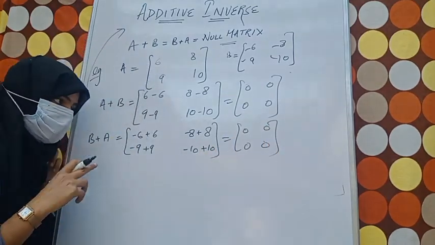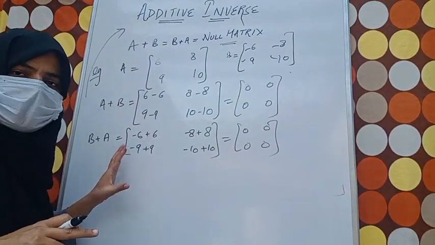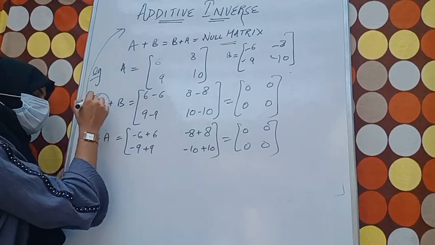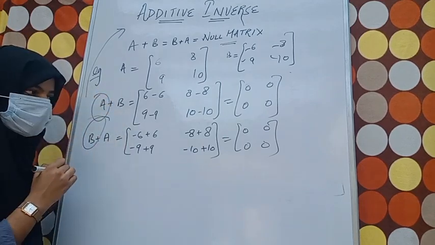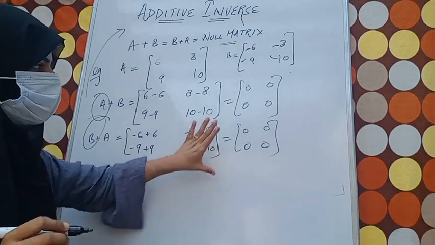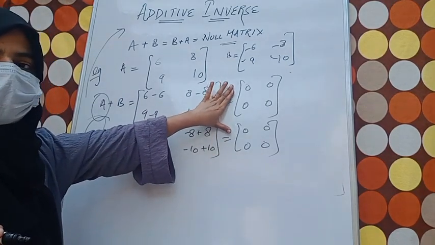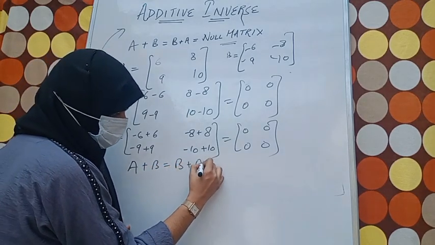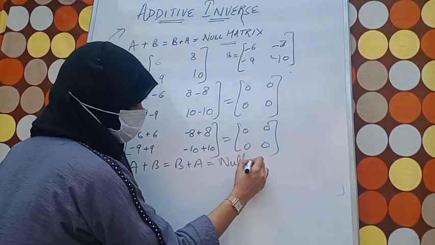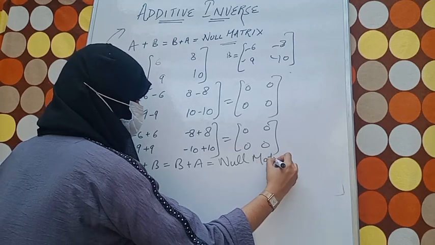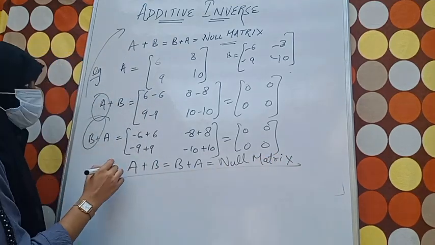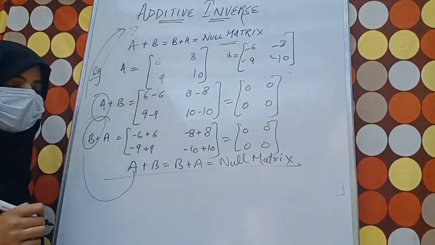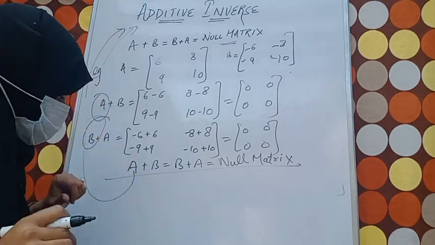In this case we can say A is the additive inverse of B and B is the additive inverse of A. You are getting my point? Then our matrices are becoming 0. So we can say A plus B equals B plus A equals the null matrix. Then only the condition of our additive inverse will be satisfied.